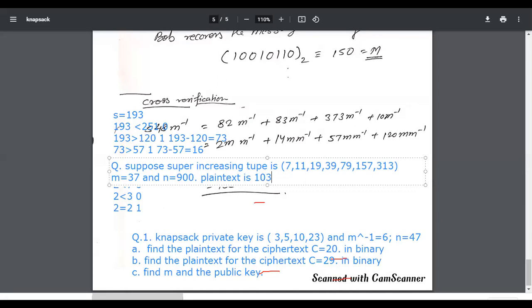So we need to find the plain text. Also, after generating ciphertext, try to calculate the plain text using the private key. Try this question. First, try question number 2, and then you can try question number 1.